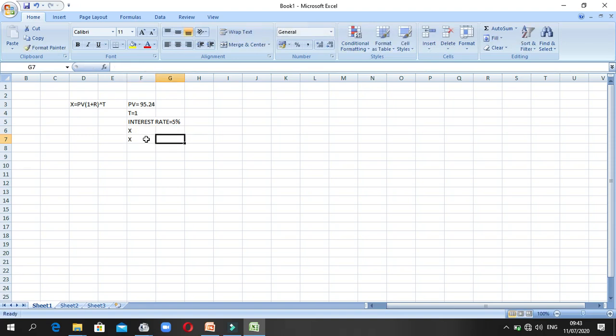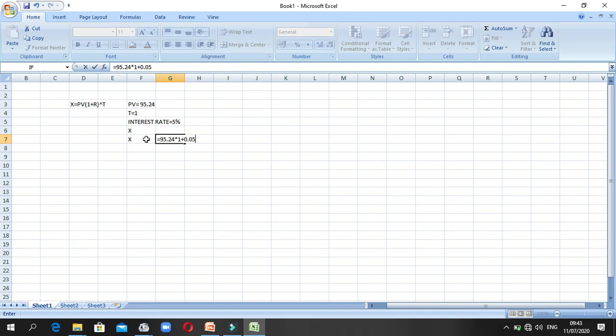So here X is equal to 95.24 multiplied by 1 plus the interest rate, which is 0.05, to the power 1.